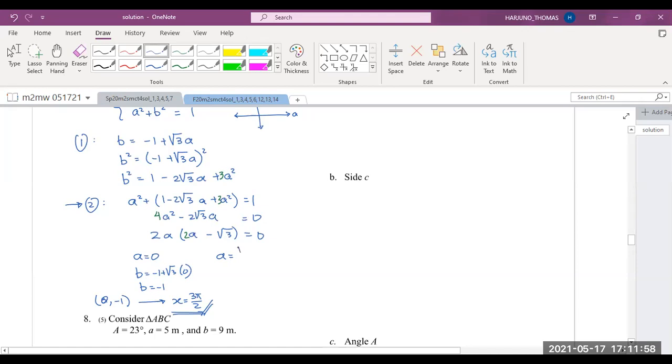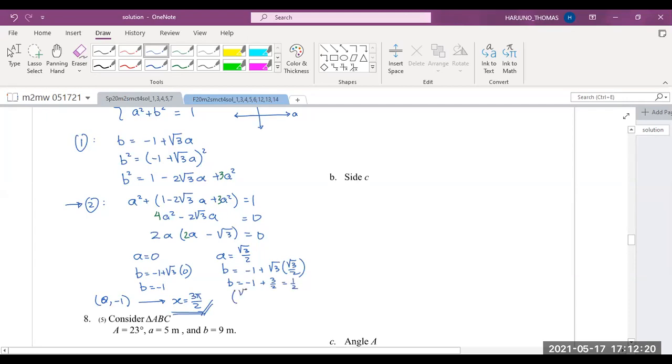So this is radical 3 over 2, and therefore b is -1 plus radical 3 times radical 3 over 2. That is -1 plus 3/2. That's 1/2.